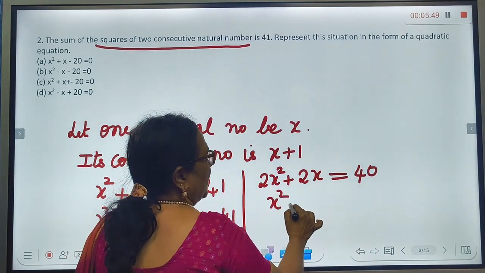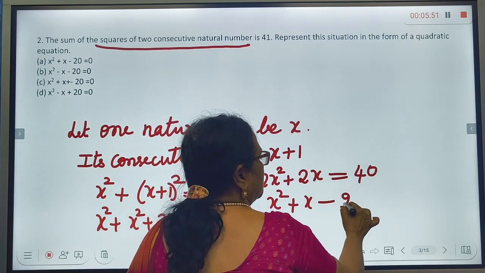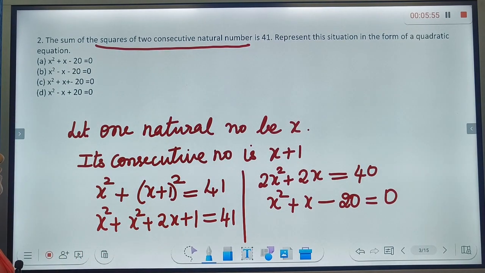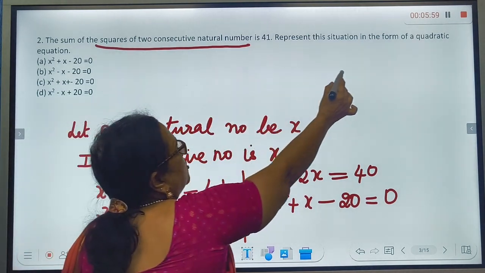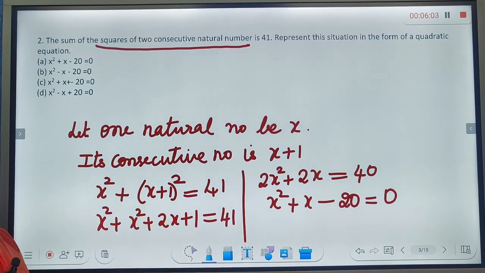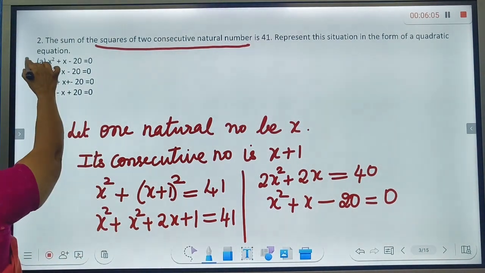Dividing by 2, x square plus x minus 20 equal to 0. So what is the question asked? Represent the situation in the form of a quadratic. So what is the quadratic? X square plus x minus 20 equal to 0.